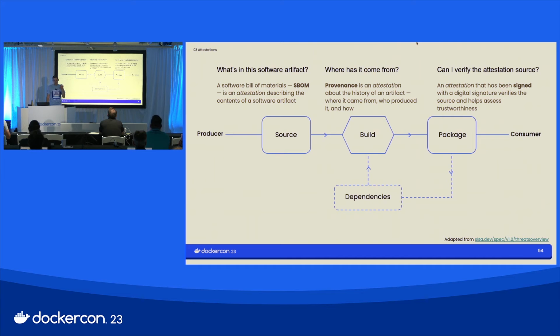And then the other piece, when we talked about the supply chain, was verifying that these attestations, these SBOMs and the provenance, are correct, that they have not been tampered with or modified. We do that through signing these artifacts, creating cryptographic signatures on the checksums of these artifacts. We'll get into more detail about that later.